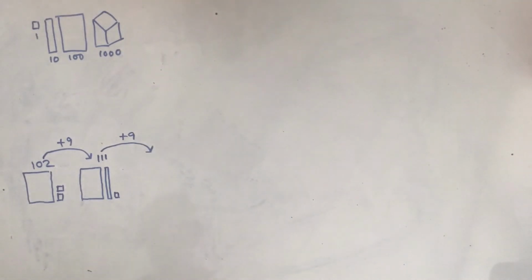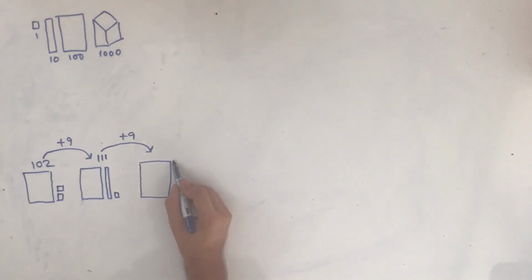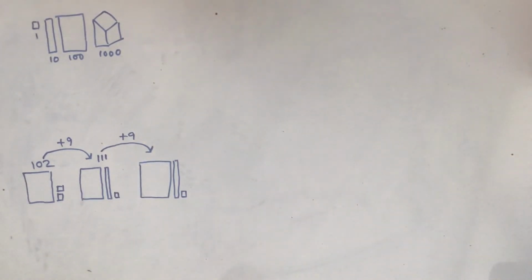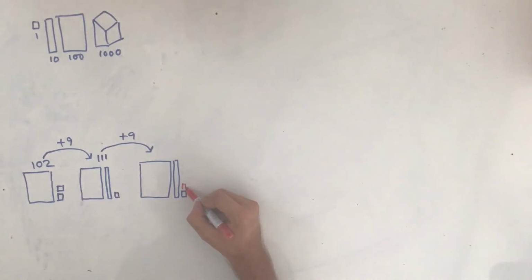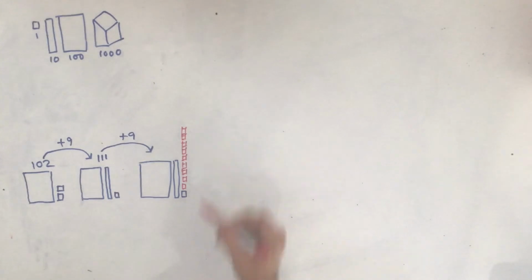Okay, so now we've got 111. There's 100, 110, 111, and we're going to add a 9. 1, 2, 3, 4, 5, 6, 7, 8, 9.